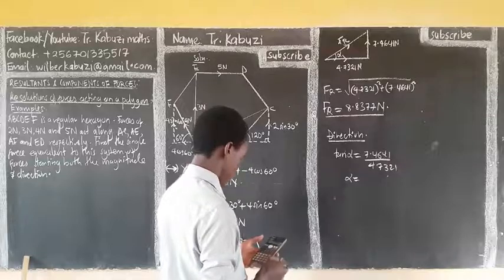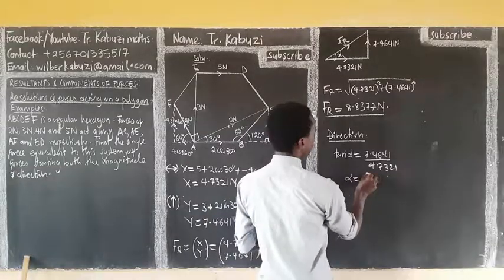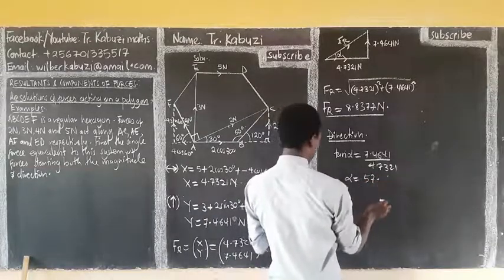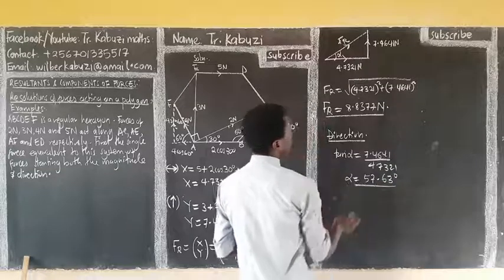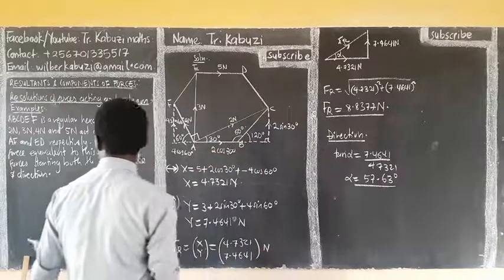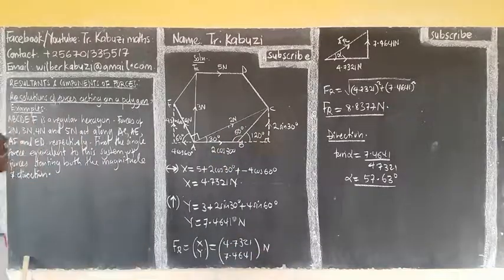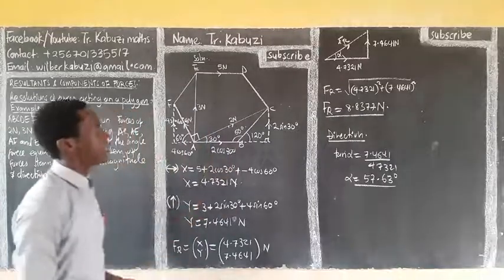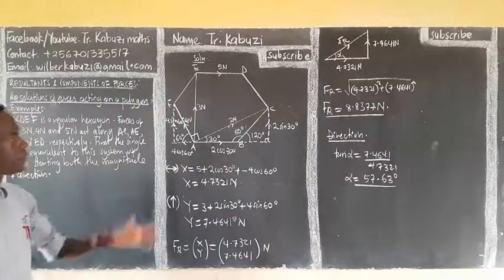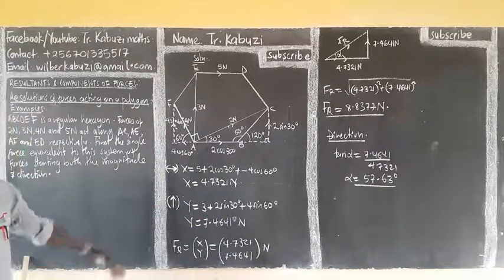It's going to be 57.5 degrees. The magnitude of the resultant force is that acting along AB. As simple as that. So that's how we handle that.